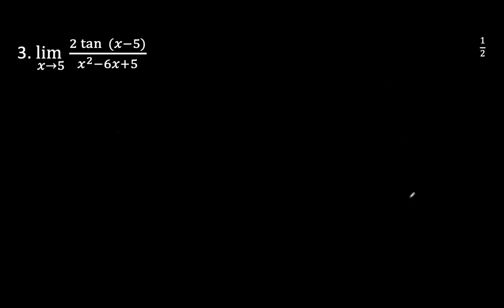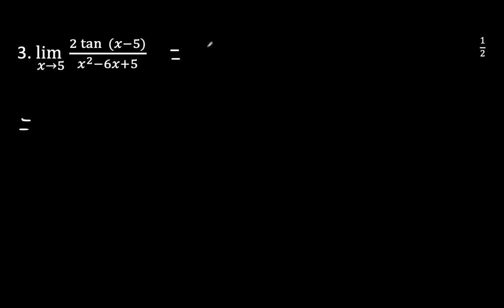So let's work on number 3. In number 3, it says here the limit of 2 tangent of x minus 5 over x squared minus 6x plus 5 as x approaches 5. So we can do direct substitution here since 5 will result to a part of the domain of tangent, right?